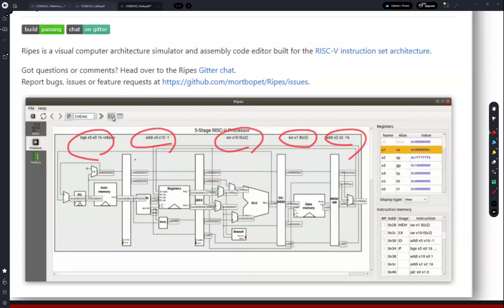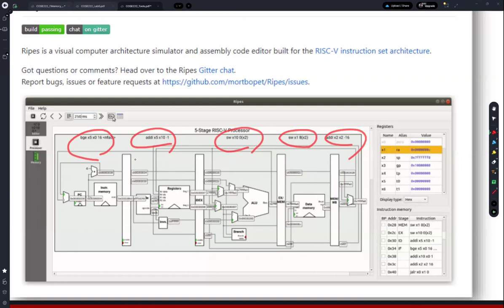But as I mentioned, RIPES has a bug. Sometimes it does not generate an incorrect result, but the timing can be incorrect. So you can find the bug. I provide the binary code, and the instruction memory is loaded with this binary code.